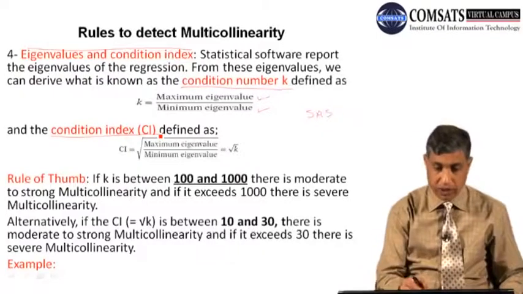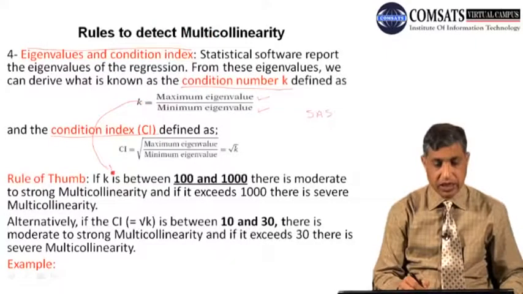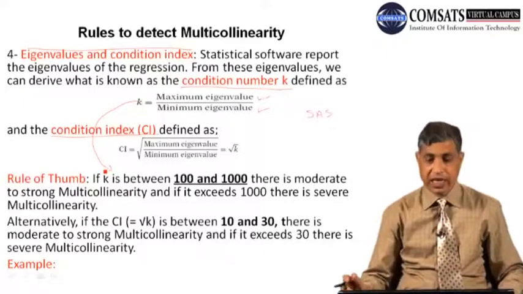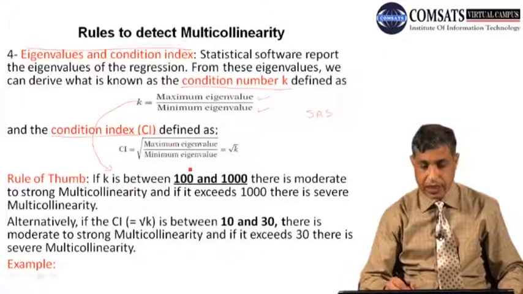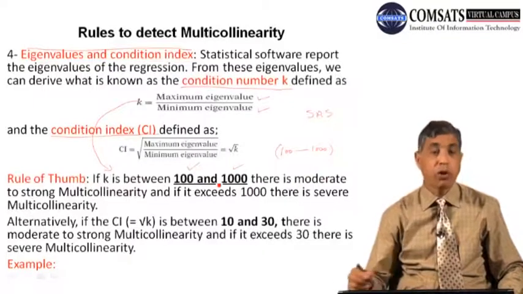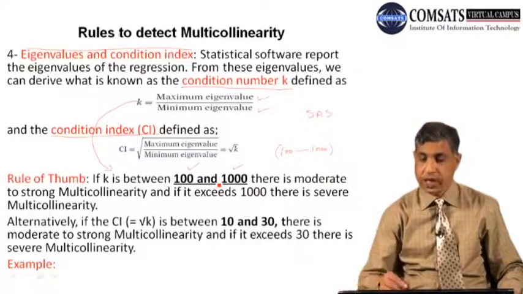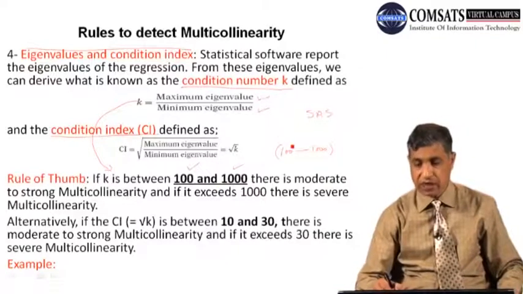if your k, now I am talking about the k that we have calculated, if the value of k is between 100 and 1000, then there is moderate to strong multicollinearity.